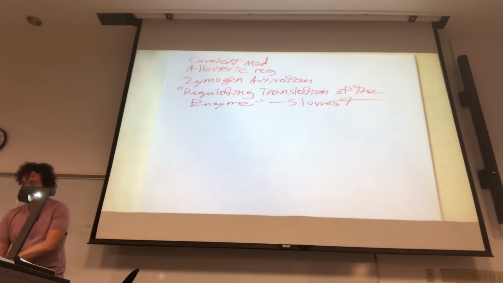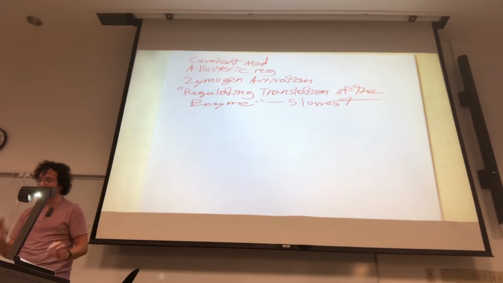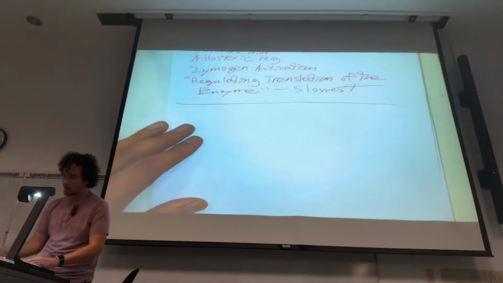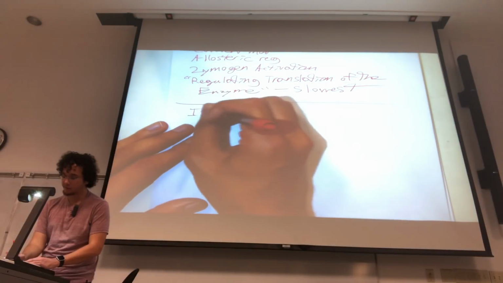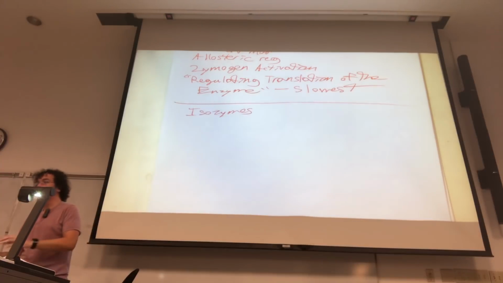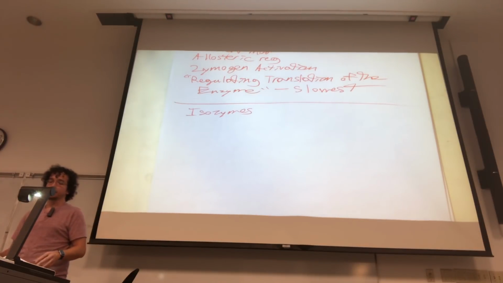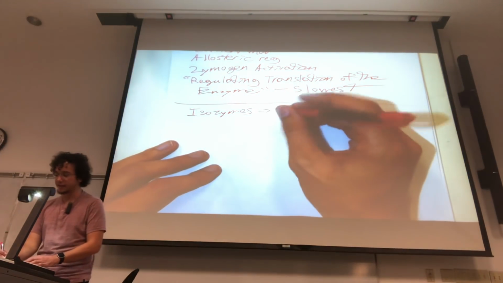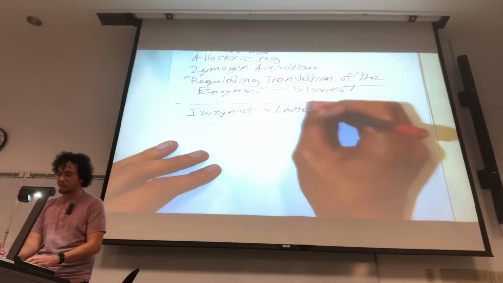So, now going into 2 more little topics regarding chapter 15 that are important, and that is isozymes. Isozymes are a category of enzymes that it's the same enzyme, there's just different ways to make it. So the one example of an isozyme is lactate dehydrogenase.